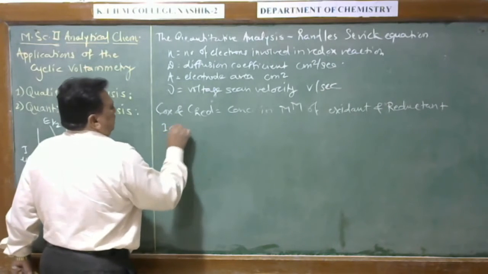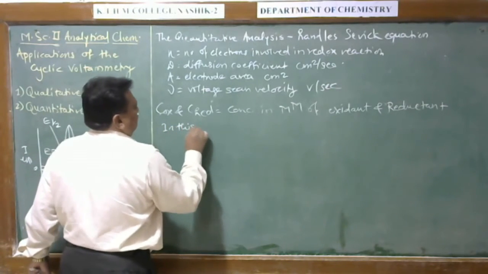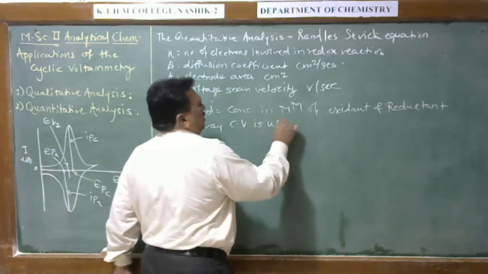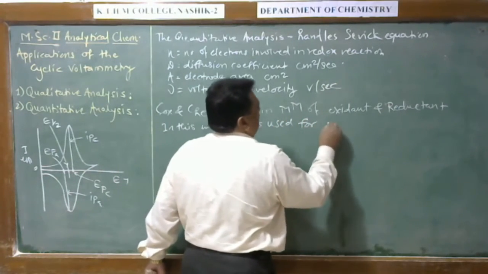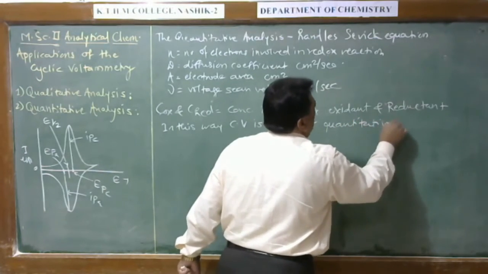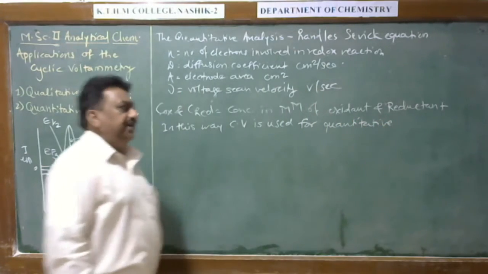In this way, cyclic voltammetry is used for quantitative analysis of oxidant and reductant.